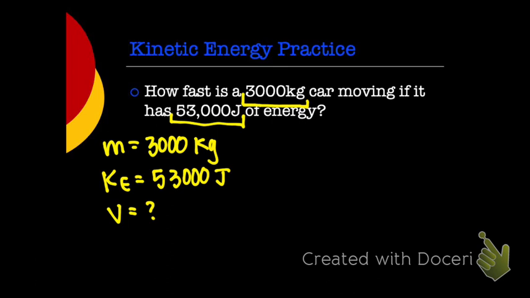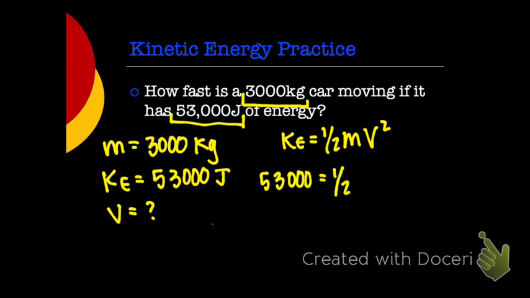All right, so I'm going to plug those numbers into my equation for kinetic energy. Kinetic energy equals 1/2 mv squared. So 53,000 equals 1/2 times m times v squared.